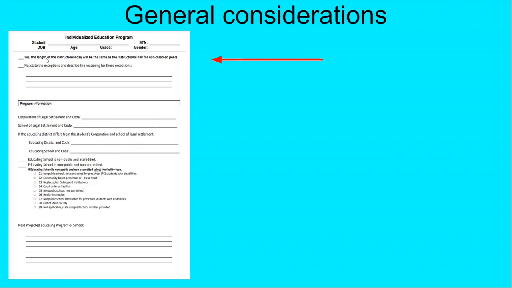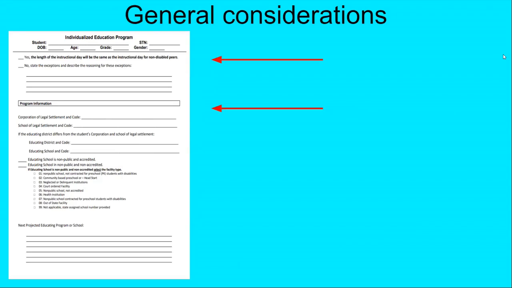There have been some instances where a student may not be able to function for a full day. And in that case, we would mark no, and we would put that the student has difficulty adjusting to a full day schedule. And so the student will only be here for part of the day. And so then we would put that in here. But again, 85 to 90% of the time, we would always mark yes.